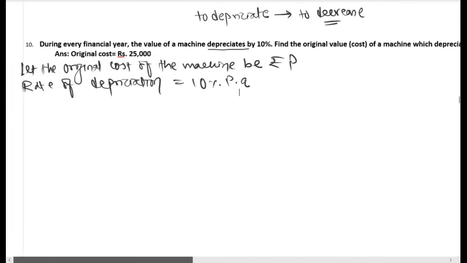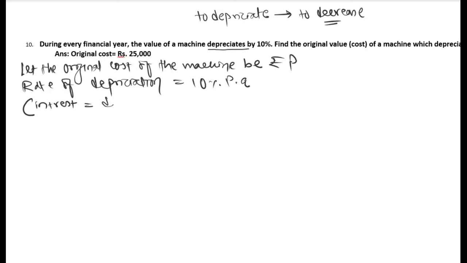You know what will be I2? I2 will be the depreciation. So here understand, interest is equal to depreciation for every year. Interest is the depreciation for every year. Correct? Okay. So original cost of the machine be rupees P. Okay. Original cost is taken as P.